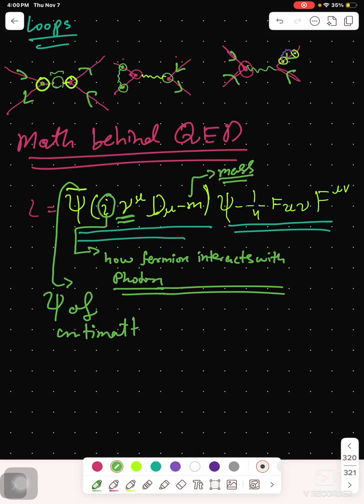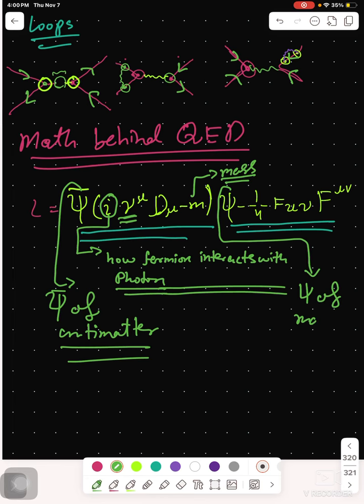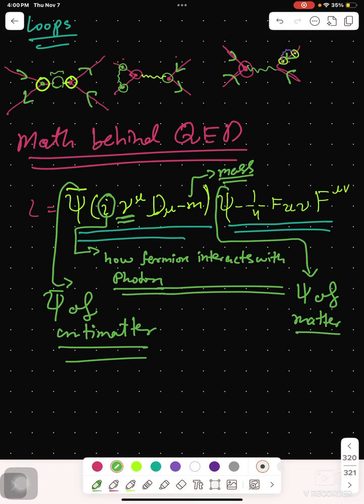And this one is for the particle, or matter, not antiparticle.